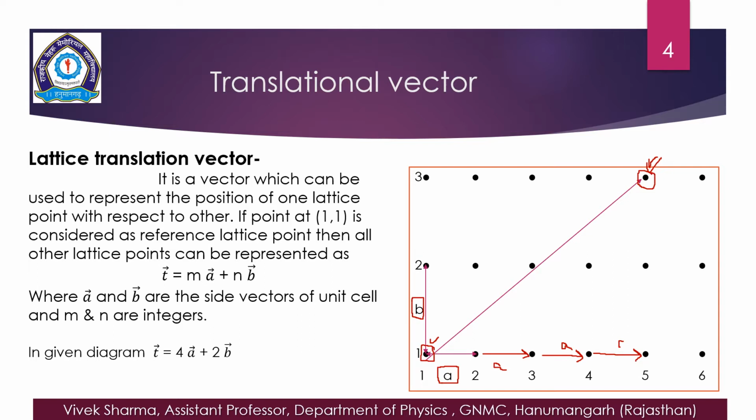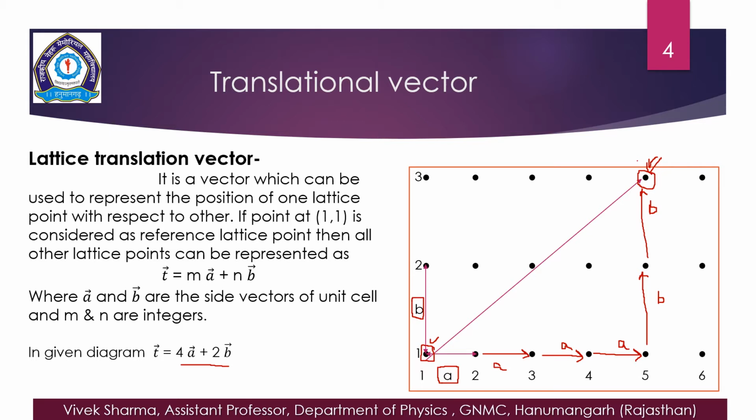We have to cover 4a distance along the x-axis and 2b, 1b from the first layer to the second layer, and another b from the second layer to the third layer. So the position vector of this point with respect to the reference point is 4a plus 2b. It is defined as the lattice translational vector.